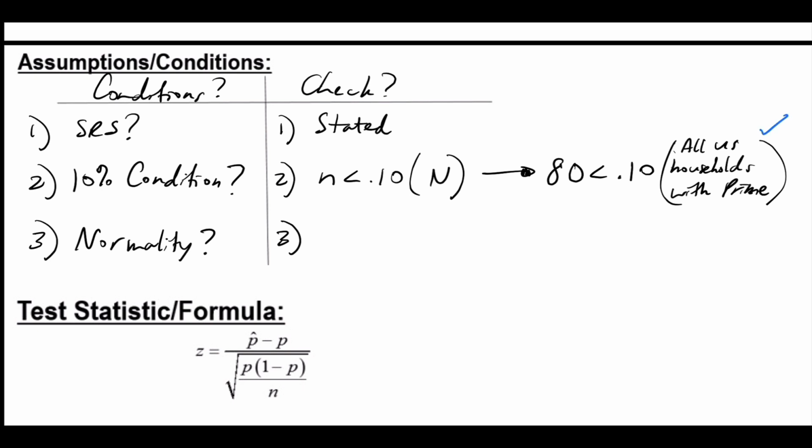Last one is normality. So n times p greater than or equal to 10, and n times 1 minus p greater than or equal to 10. Okay, so we know n is 80. We know p is 0.46.